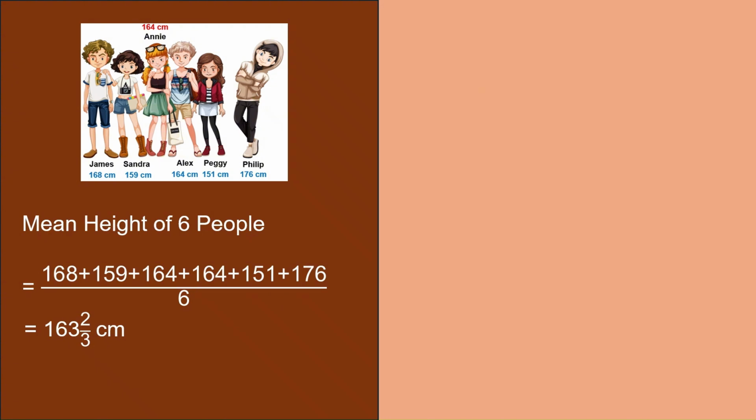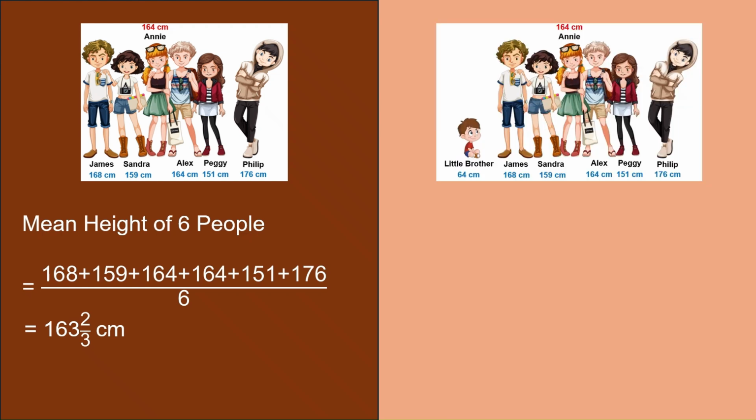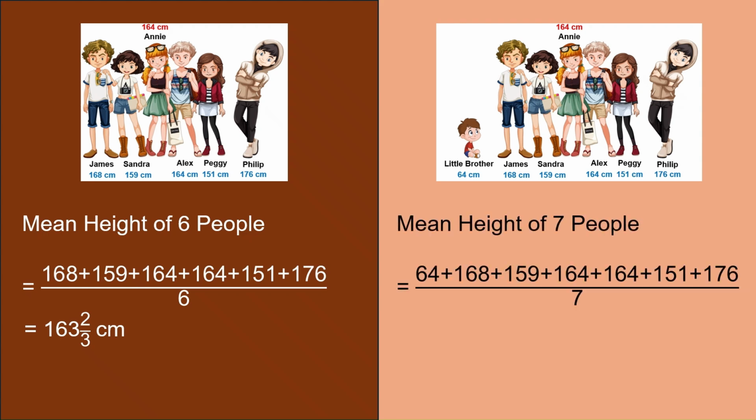We have previously calculated the mean height for Annie and her 5 friends to be 163 2/3 cm. To calculate the new mean with little brother's height added to the dataset, we simply need to add 64 to all the other heights and then divide the sum by 7, since there are now 7 data points.